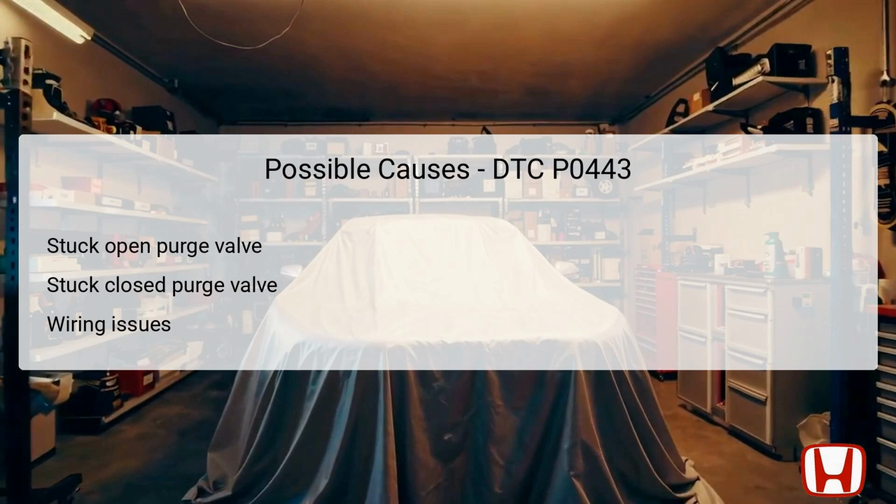In addition to these mechanical failures, wiring issues can also lead to circuit malfunctions. Damaged or shorted wires can disrupt communication between the EVAP canister purge valve and the powertrain control module, PCM. A thorough examination of these areas will aid in identifying the source of the problem and informing the appropriate corrective steps.